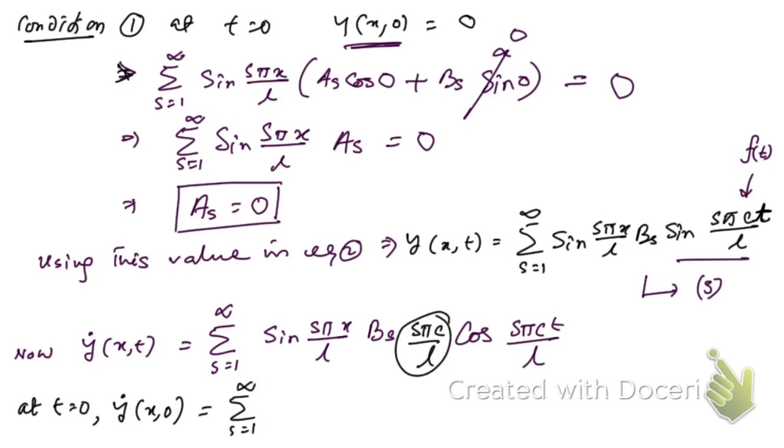Let me write this one first, s pi c by l, then bs, this part becomes 1, right? Cos 0 is 1 on putting t is equal to 0. Then sine s pi x by l, this part is written here, okay? That's what we have got.